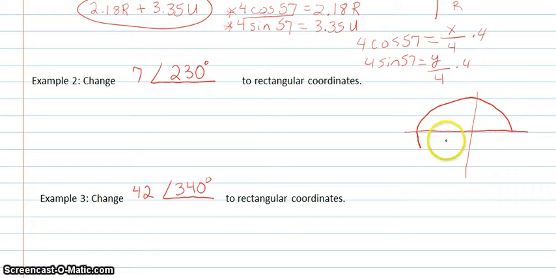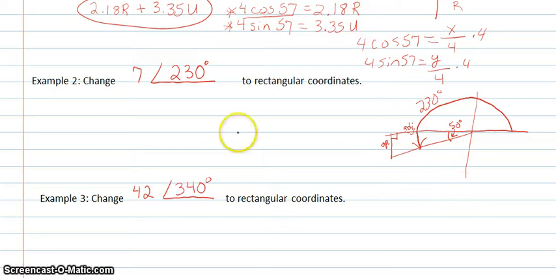So this needs to be 50 degrees. So this whole thing here is the 230 degrees, but this right here is only 50 degrees. And you could just make your triangle, and this would be your opposite, and this would be your adjacent, and you could use the 50 degrees with that triangle.